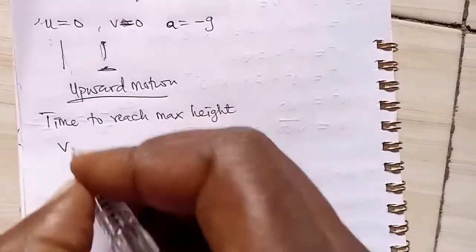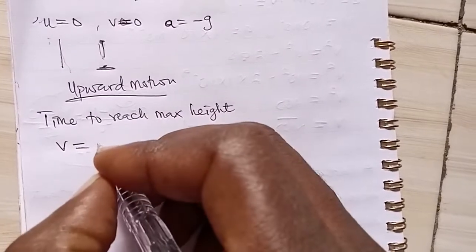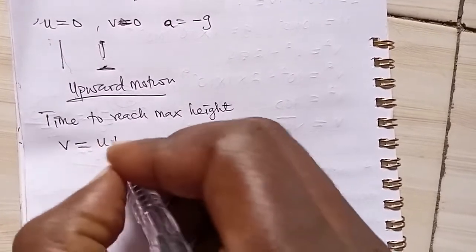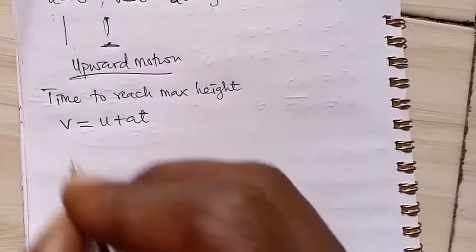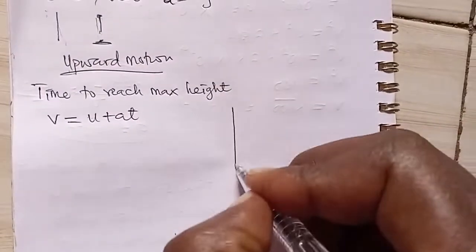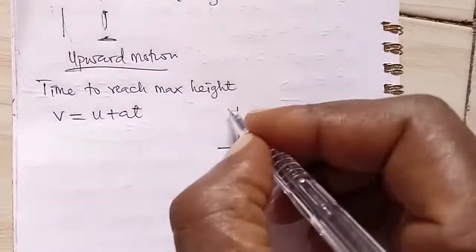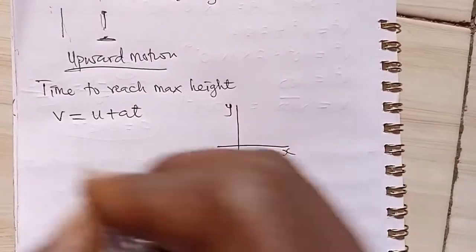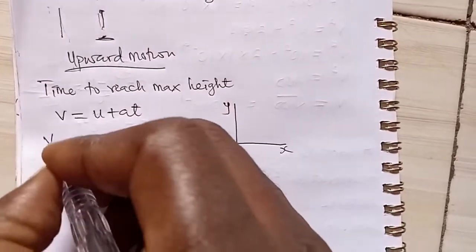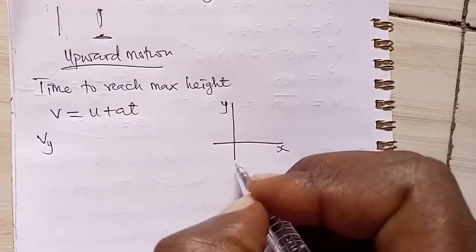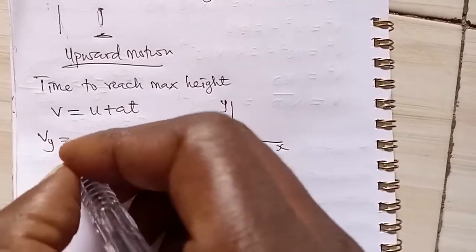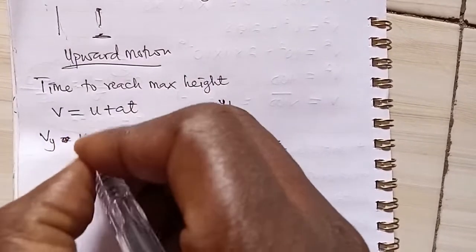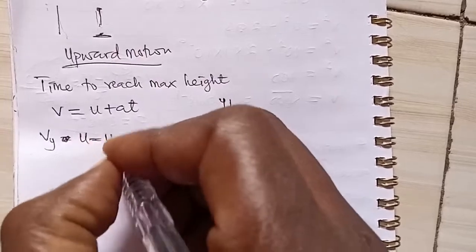Now, we saw that one of the equations of motion is that v is equal to u plus at. Now, because we have vertical motion, this is vertical, the y-axis, this is the x-axis. So we're going to use v as vy to show that it is vertical, and we're going to use u as uy.